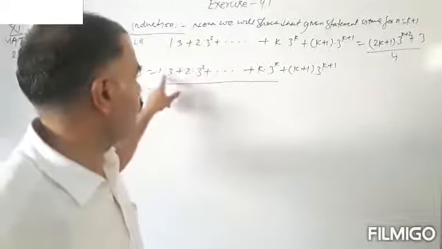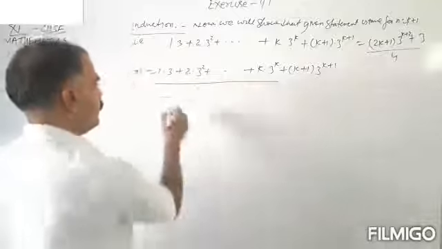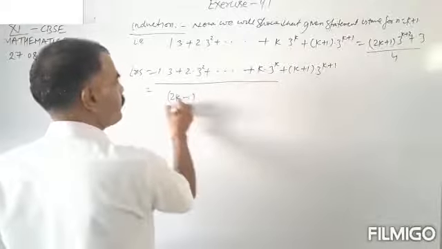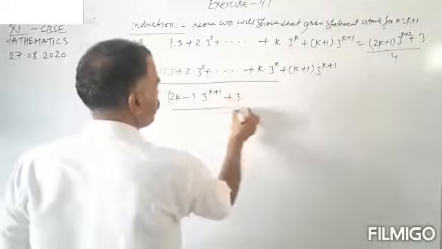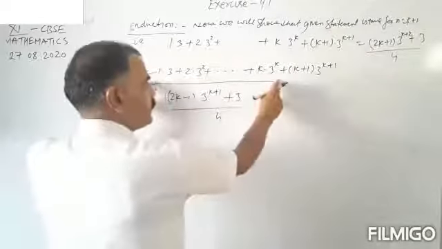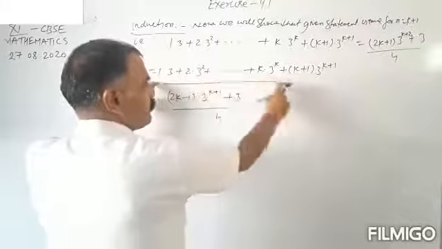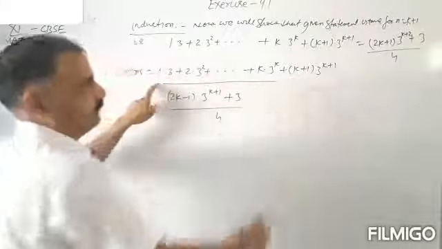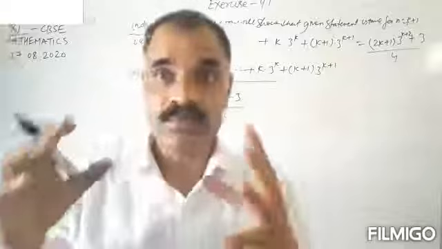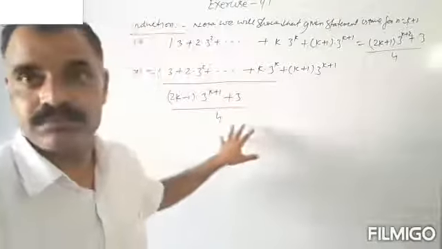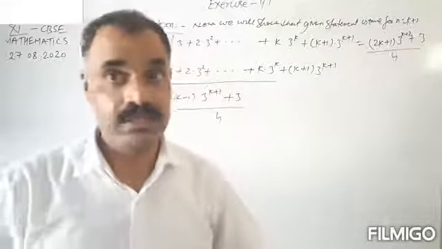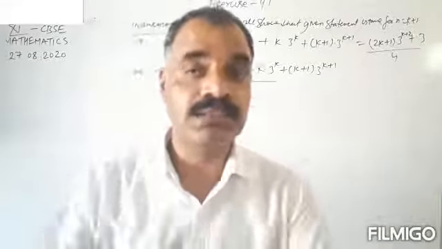Assumption here means we will use 2k minus 1 3 to the power k plus 1 plus 3 upon 4 in place of the sum from the first step to the kth step, as we have assumed that the given statement is true.